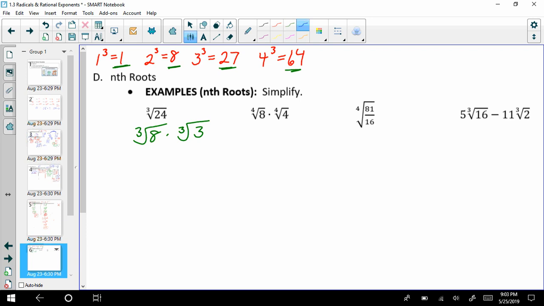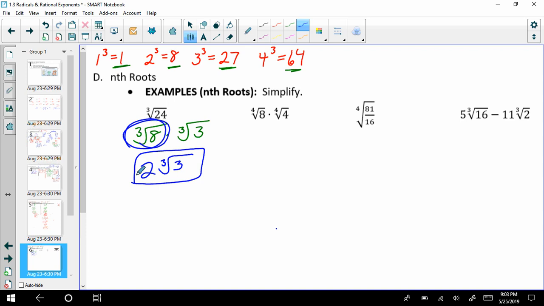And then I want to focus on the perfect cube. The cube root of 8 is 2 because that says what number times itself 3 times is 8? It's 2. And then I have the leftovers. There would be the simplified form. It is the exact same concept, just with cubes.